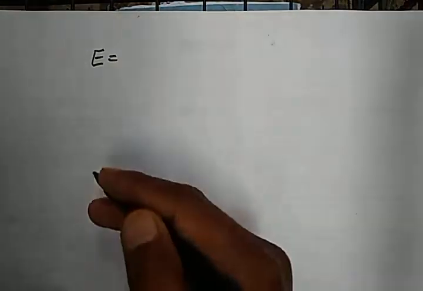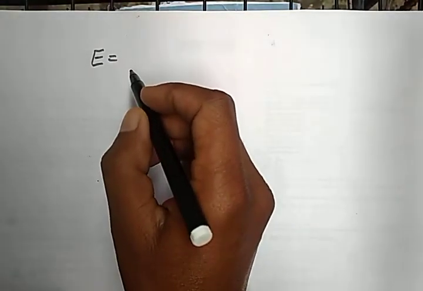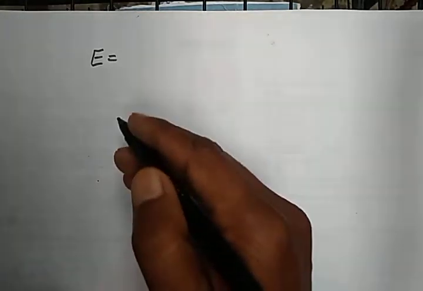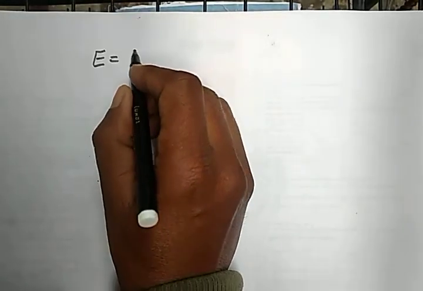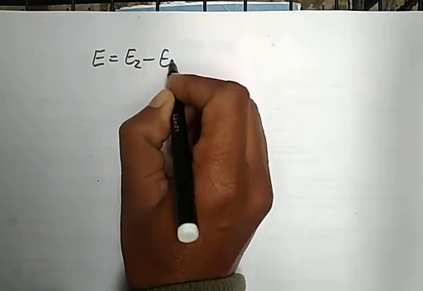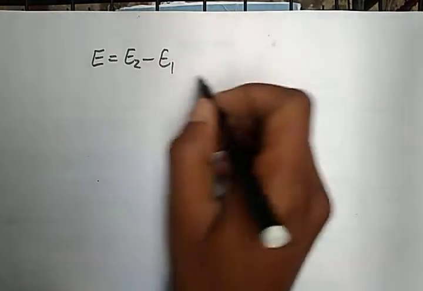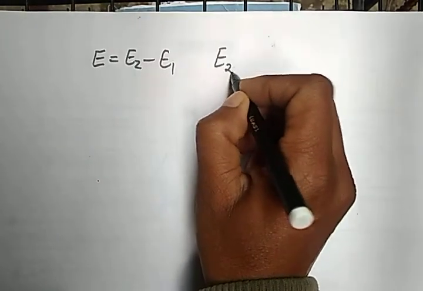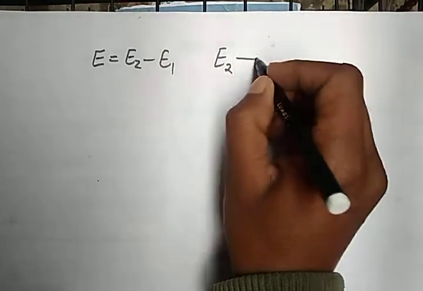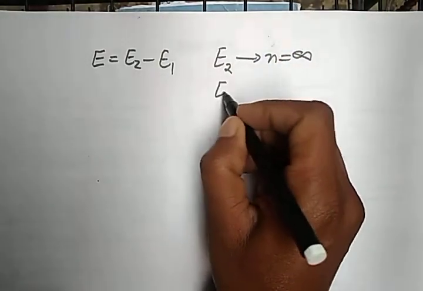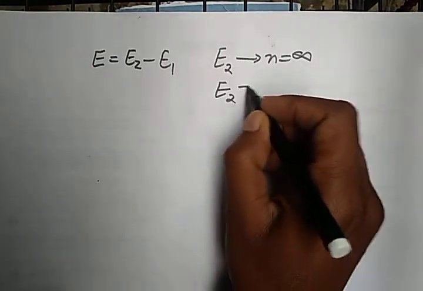It is because we know that energy required to excite an electron from lower level to higher level is given by E2 minus E1. It is the same as it releases the energy, higher energy to lower energy. So if E2 is the state corresponding to infinite energy level, the value of E2 will be 0.